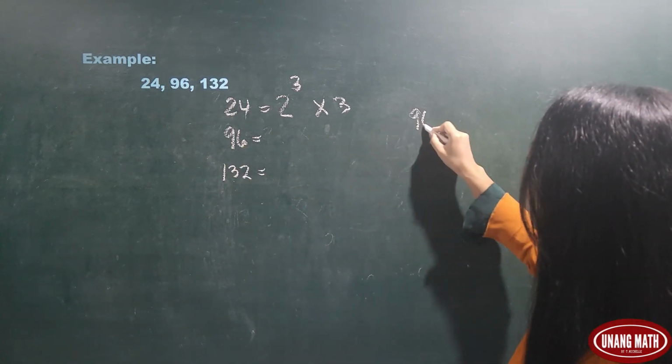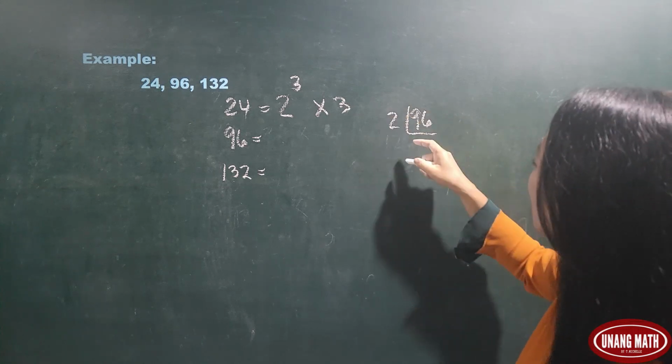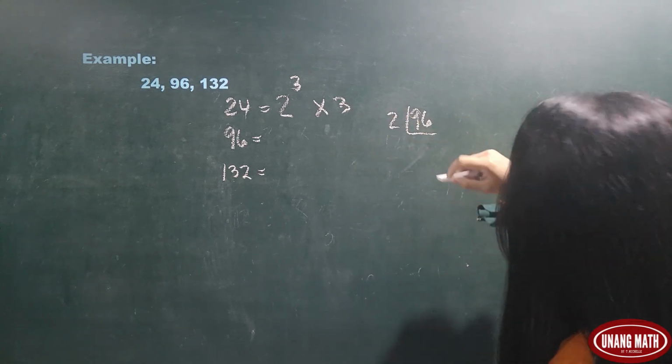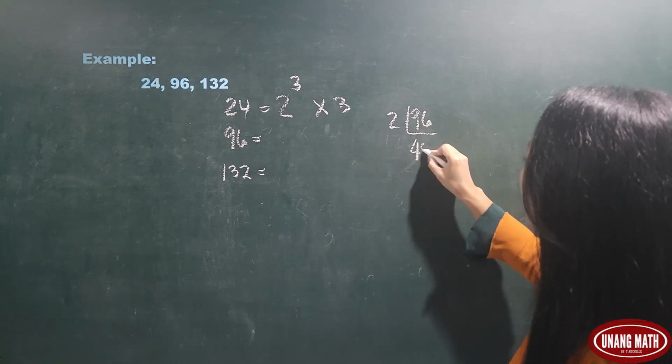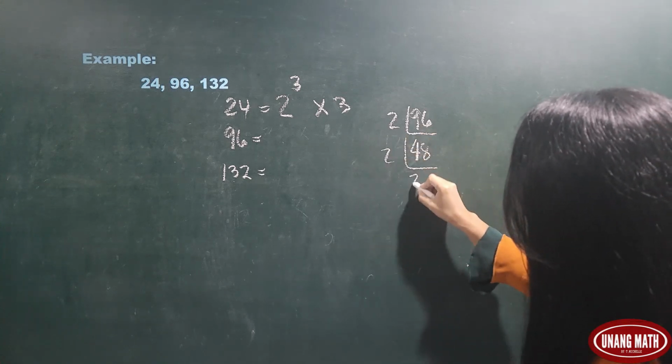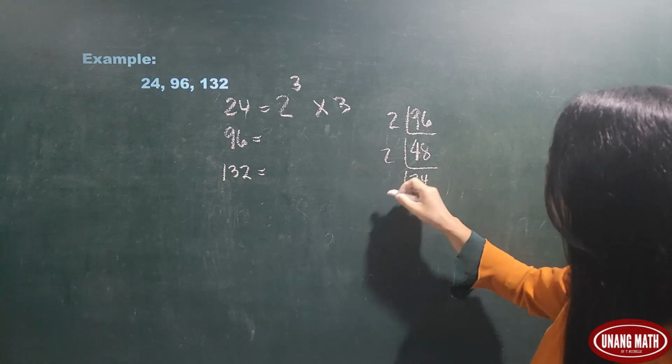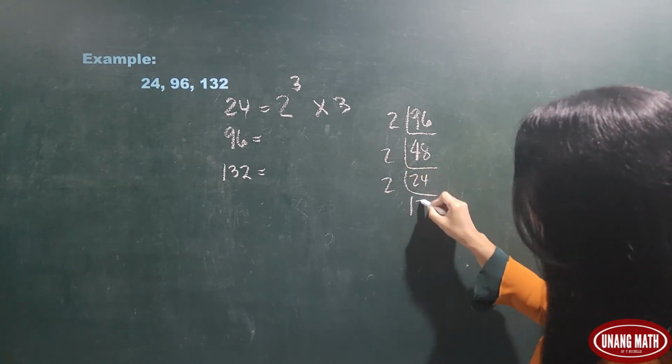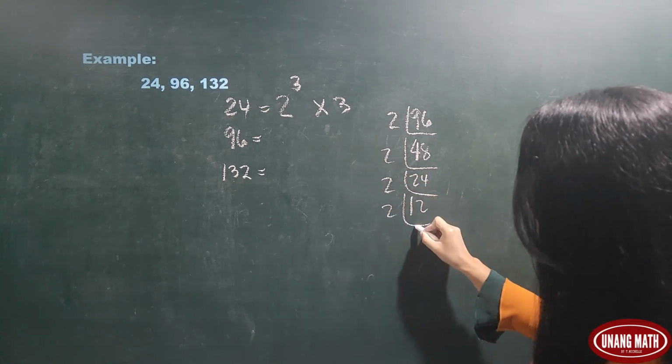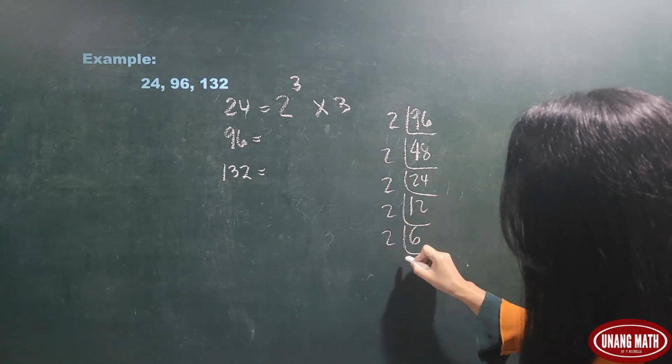Okay, how about 96? What is 96's prime factorization? Let's find out. 96 divided by 2 is 48. 48 divided by 2 is 24. Continue dividing. 24 divided by 2 is 12. 12 divided by 2 is 6. 6 divided by 2 is 3.